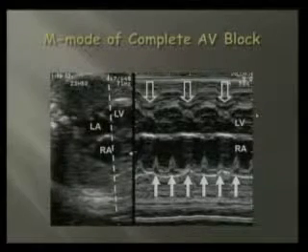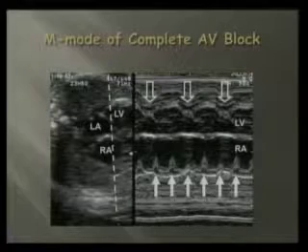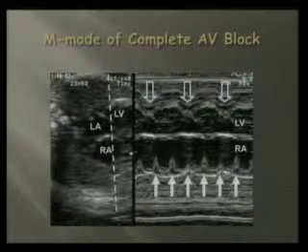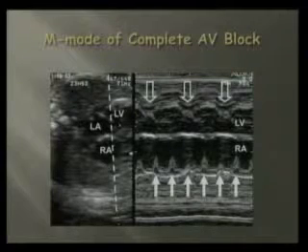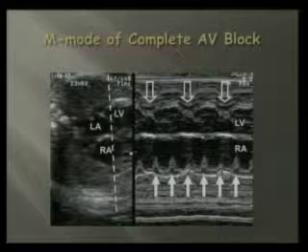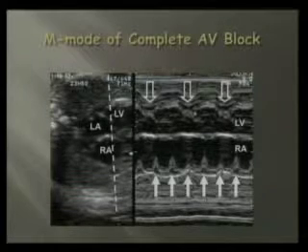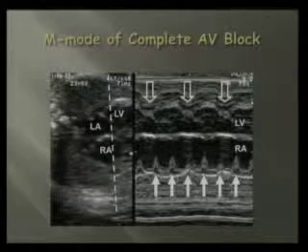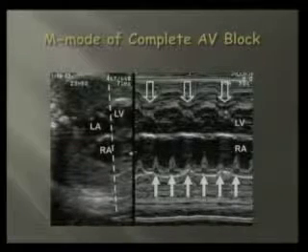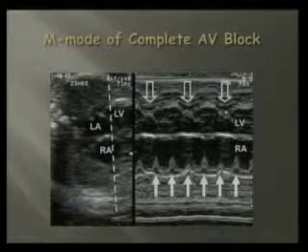M-mode basically is looking at a time reflection of structures. If I take this 2D image of the four-chamber of the heart and look at my interrogation line and it goes through the left ventricle here, I can actually see the left ventricular wall moving. Every time it contracts, we see a change in the wall. So that's a QRS.